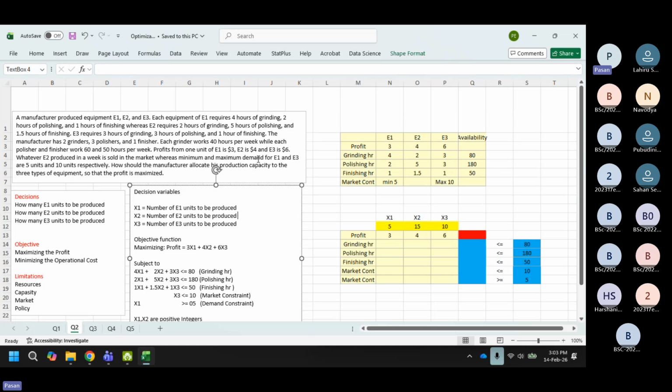So E1 has a minimum of 5, and E3 a maximum of 10. That means if you are producing E1, it has to be 5 or anything above 5, otherwise you should not produce it. And the E3 maximum you can produce is 10. Therefore X1 has to be greater than or equal to 5 and X3 less than or equal to 10. So we can find additional constraints like that.